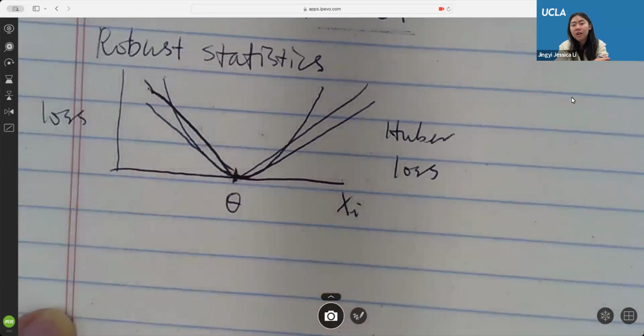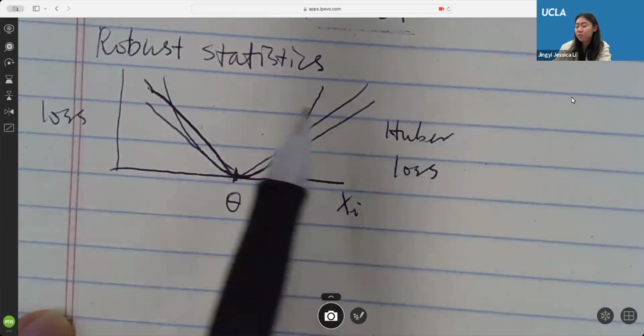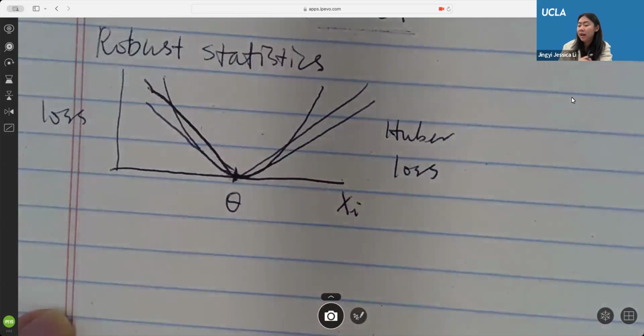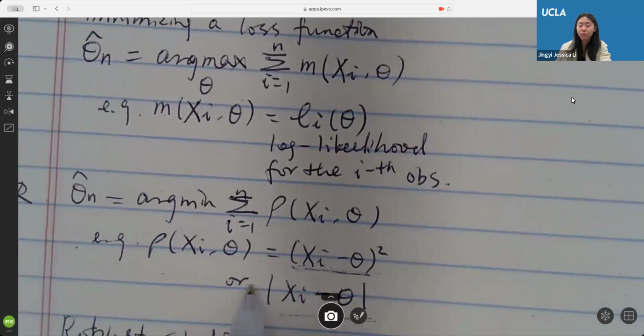But of course, nothing comes free, right? The L2 loss is advantageous for its computational efficiency. You can easily get differentiation results, but you lose the robustness. If you want to be more robust, then the Huber loss is the middle ground between L1 loss and L2 loss. And as you can see, using the Huber loss, this loss term gets a little more complicated form.